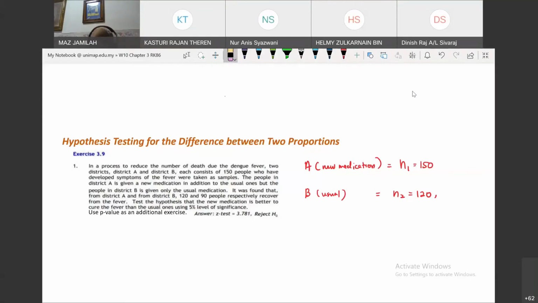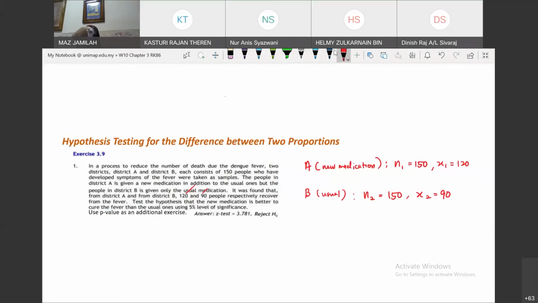So please get the information correctly. N1 and N2 are both 150. X1 is 120. X2 is 90. Test the hypothesis.